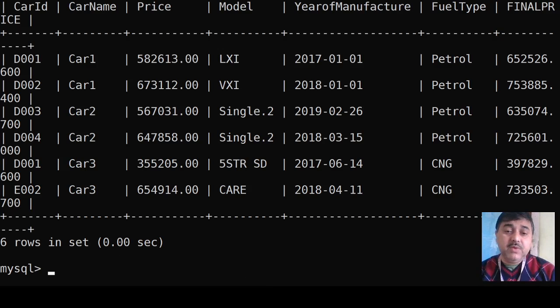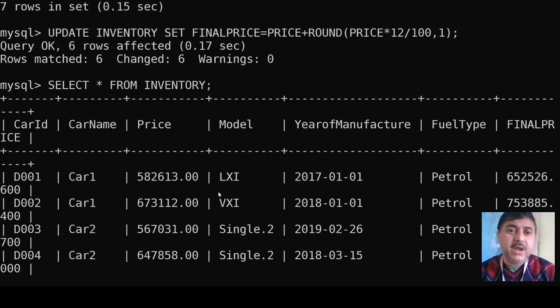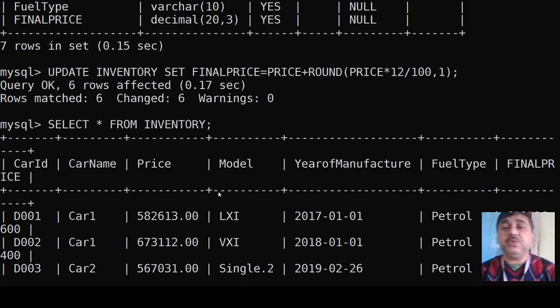This is how we can find, when we are making these tables and structures, what commands we are using. It has taken this price and multiplied it with 12%, and the value that came has been implemented here.